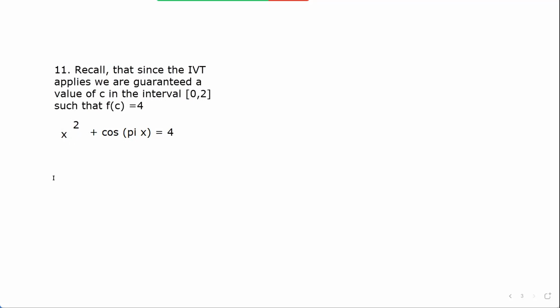And I know that the solution is in the interval from 0 to 2. That's what I know. I don't know where it is, but I know it's somewhere there. Now we have to solve this equation.